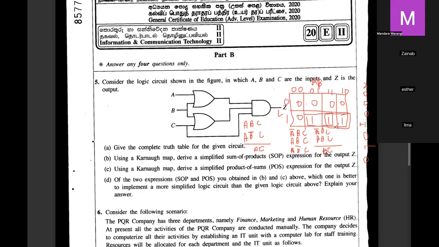SOP means sum of products. Sum means this, and products means multiplication. Even though we don't have the dot or the multiplication here, it's a product. So we take the sum of these two products, which is AC plus BC.